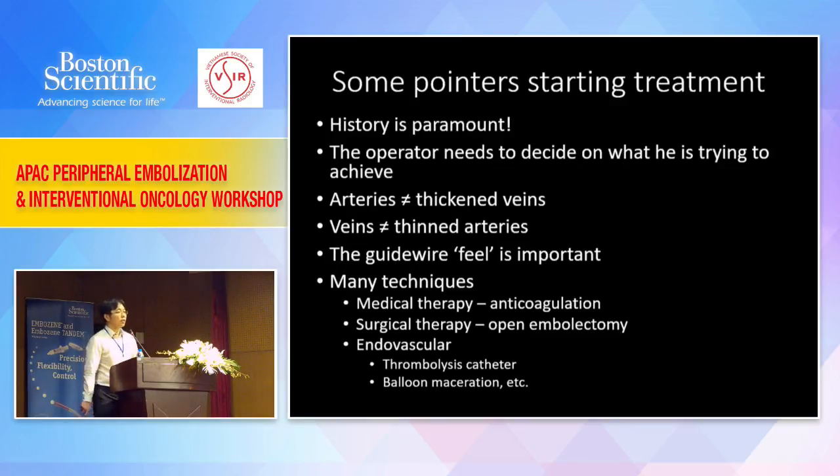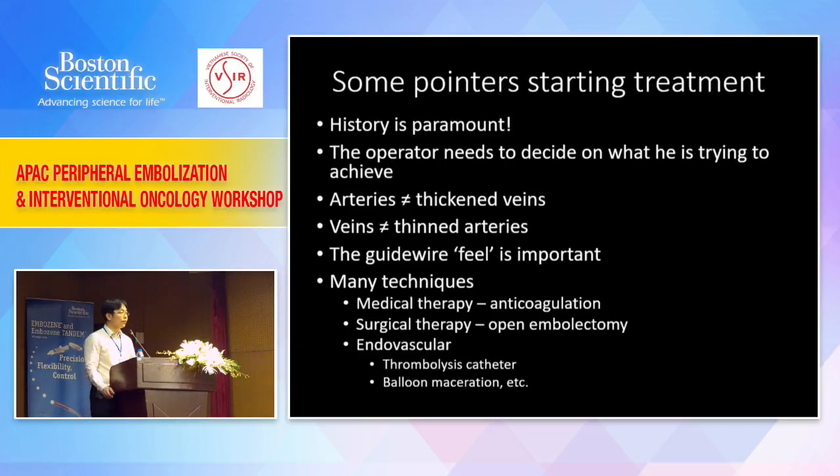Okay, some pointers before starting treatment. I think the history is paramount, very, very important, especially the onset of symptoms. As the operator, the person doing it, we need to decide what we are trying to achieve. We need to treat the arteries and the veins separately. The arteries are not thickened veins, and the veins are not thickened arteries. They're completely different things altogether. Embryologically, they're different.